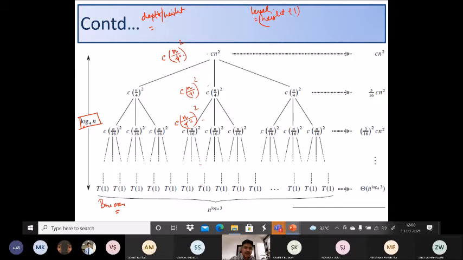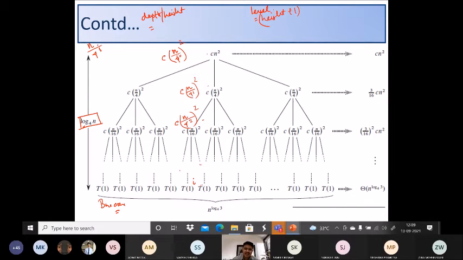So check: (n/4) to the power 0 squared, (n/4) to the power 1 squared, (n/4) to the power 2 squared, and so on. Right? So where will it end? How many steps will you go? Think about going up to the ith step. What will be written here? Here you have to write n/4 to the power i.